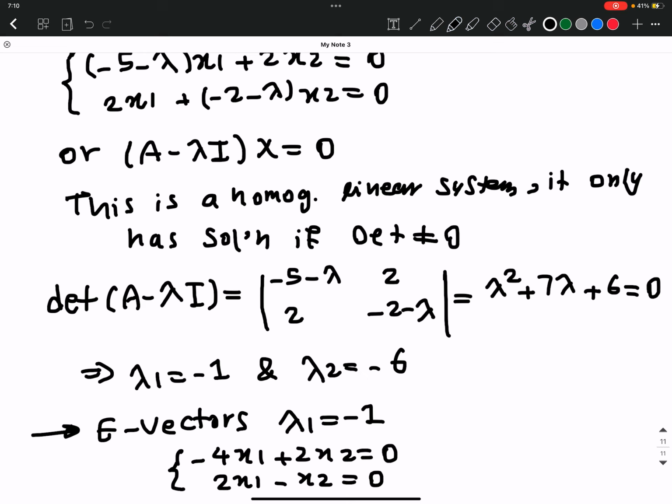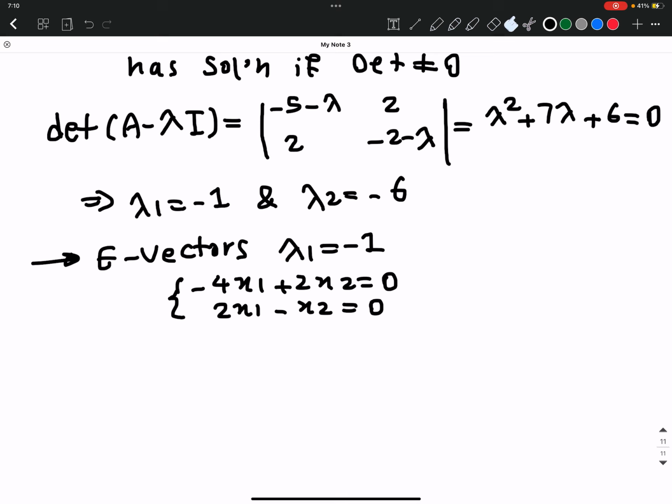Now the first equation gives me x2 equals 2 x1, right? The second equation gives me the same thing. This means I have infinite solutions here.